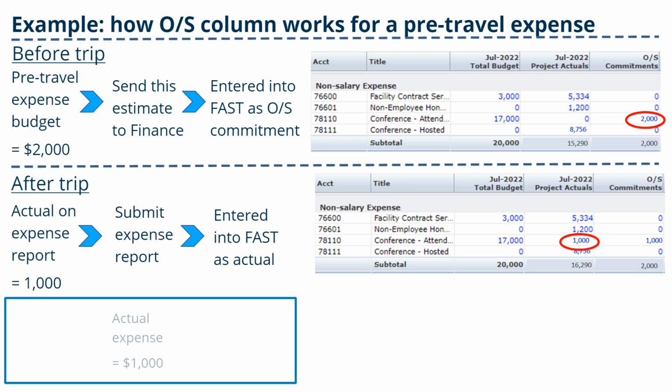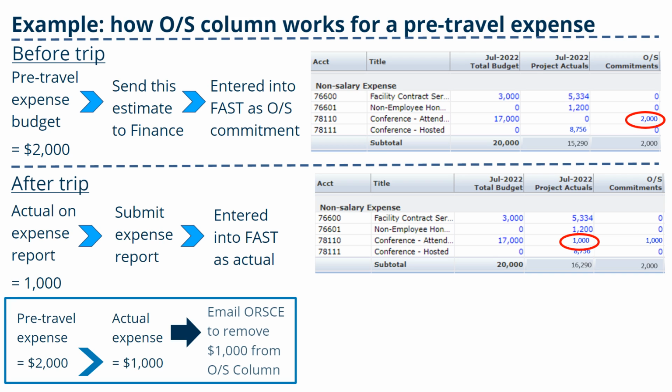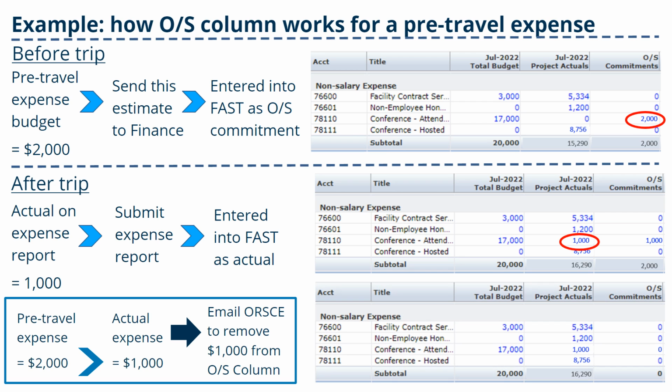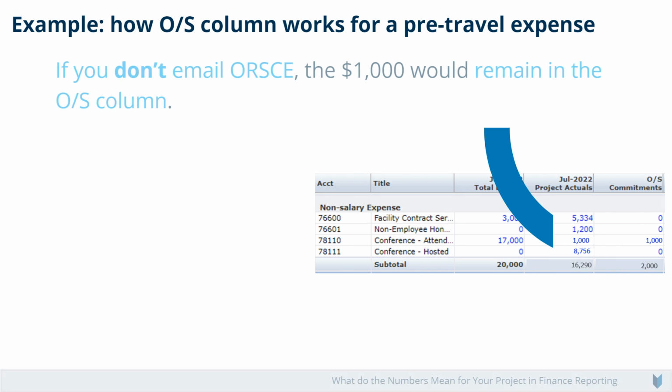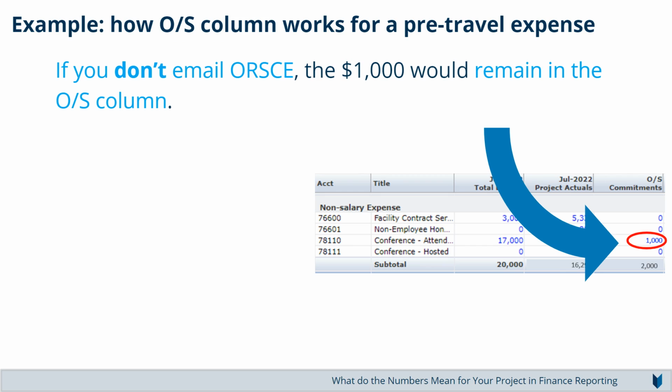Since your actual travel amount of $1,000 is less than the $2,000 budgeted pre-travel expense, you need to email Orsi at orsifinance@mtroyal.ca to remove $1,000 from the encumbrances in the outstanding commitments column. If you didn't, the $1,000 would remain in that outstanding commitment column, and that would affect the last column, your budget balance. Let's look at that column now to better understand why.